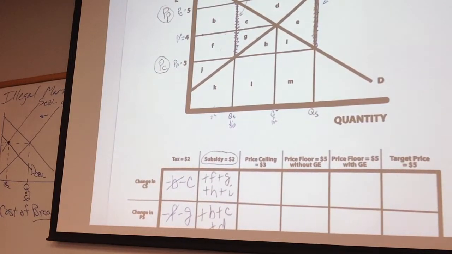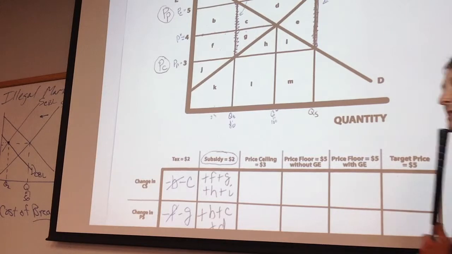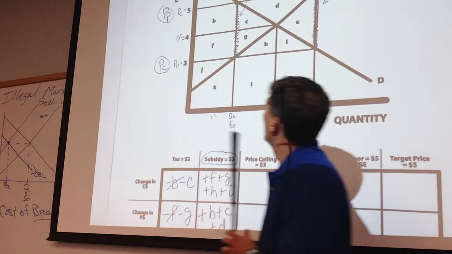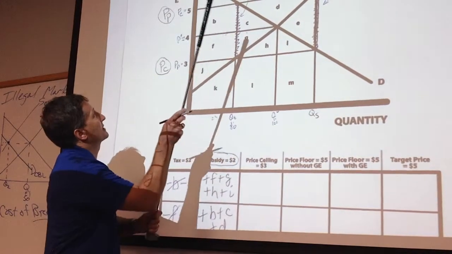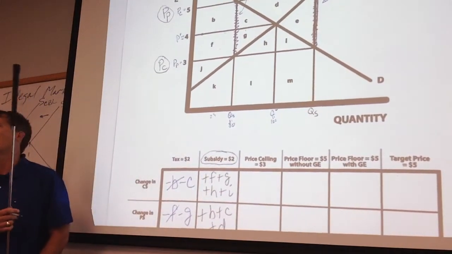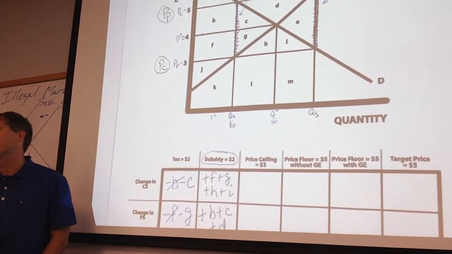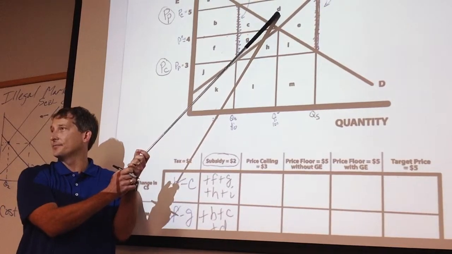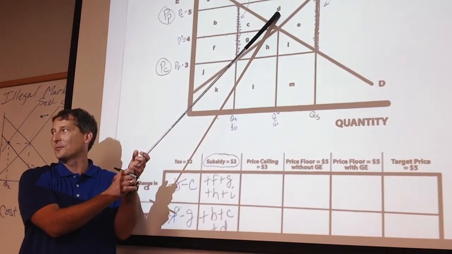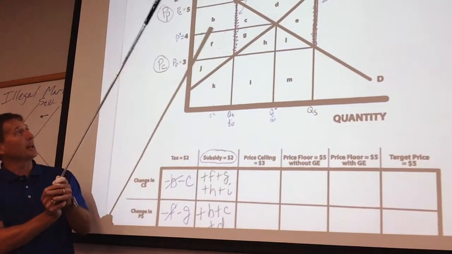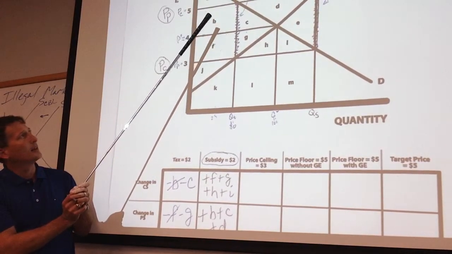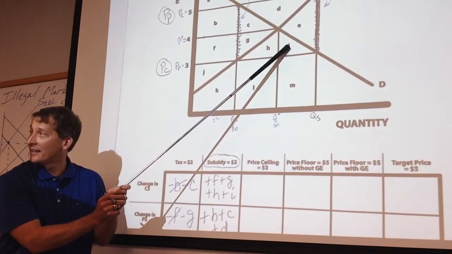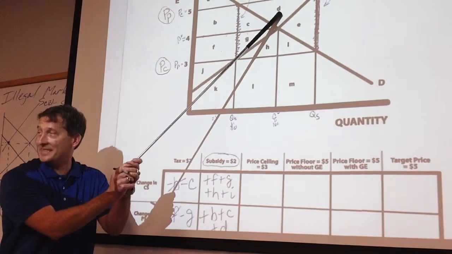How about that old government? Government revenue. What's going on in terms of government revenue? Go ahead and start listing. B, C, F, G, H, I, E, and D. That's right.